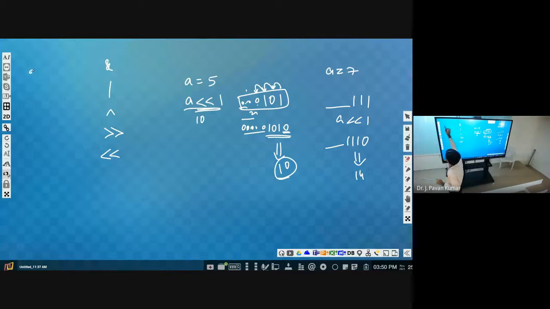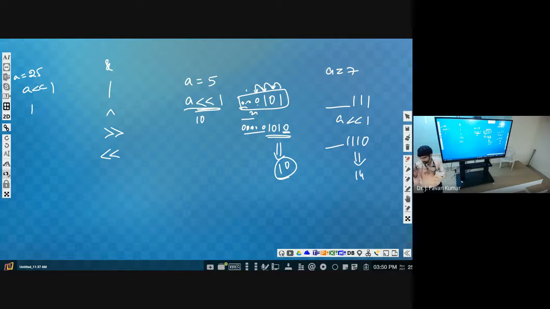Now you consider another one. A is equal to 25, and A left shift by 1 position. For converting decimal to binary, simply you could follow this procedure. 25 means what is the nearest 2 power which is less than this? 16, right? So 2 power 4, 16, you put 1.